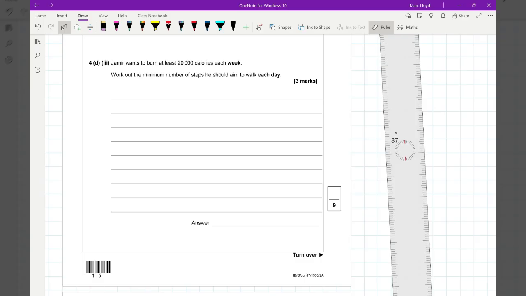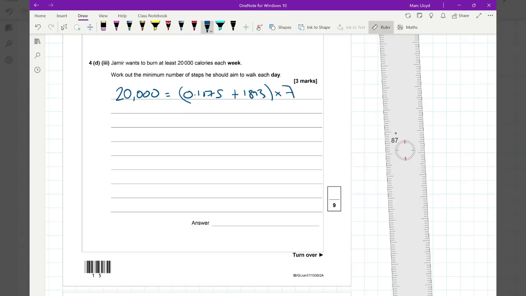Now, I appreciate this is a graphing kind of paper, but I like to do this algebraically. So 20,000 will equal 0.107 S plus 1893, and that's all multiplied by 7.